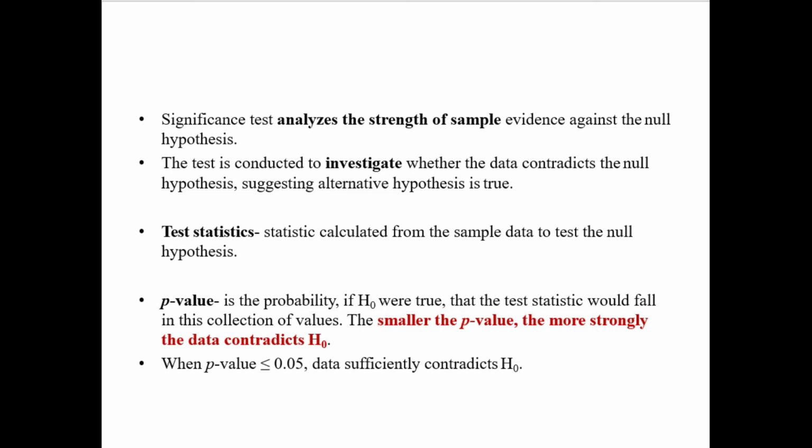The test is conducted for what purpose? We conduct the test to investigate whether the data contradicts the null hypothesis. My null hypothesis says there is no statistically significant difference between peripheral neuropathy and non-peripheral neuropathy with respect to the duration of diabetes. Suppose my probability value is less than 0.05, then I am contradicting my null hypothesis.